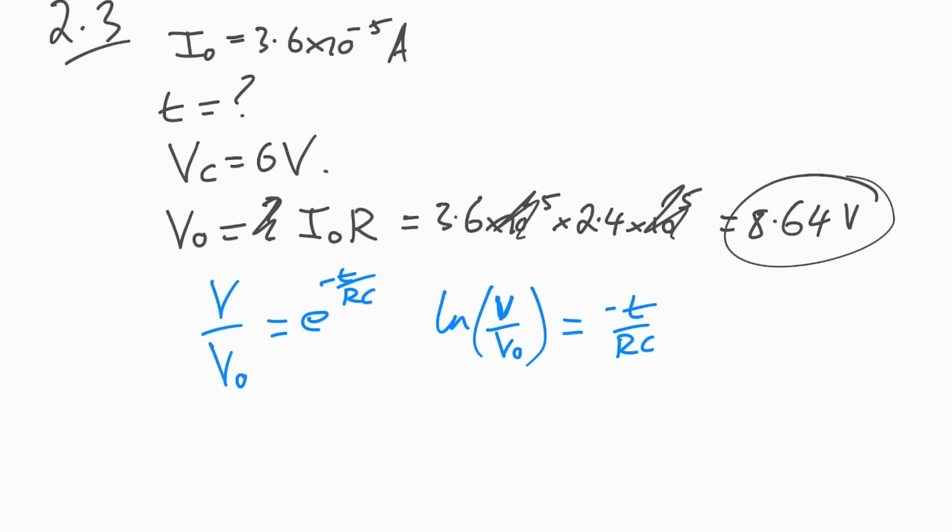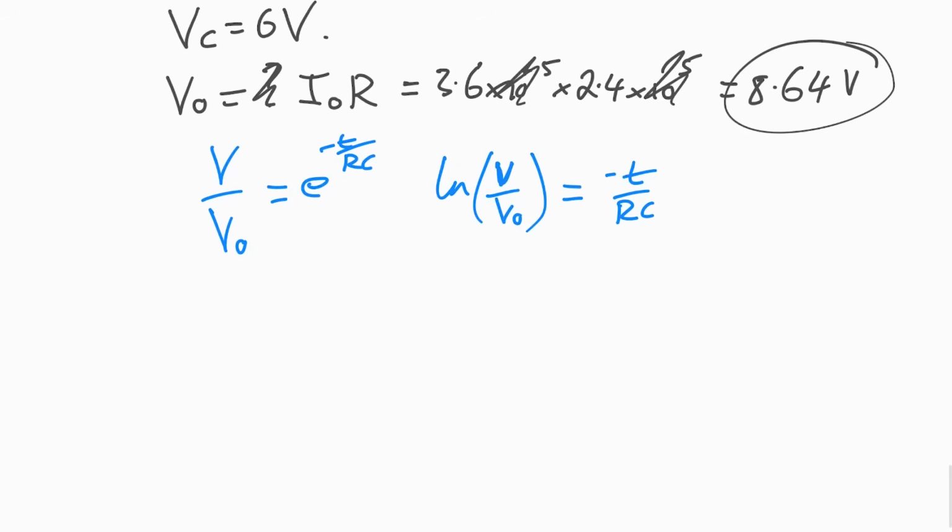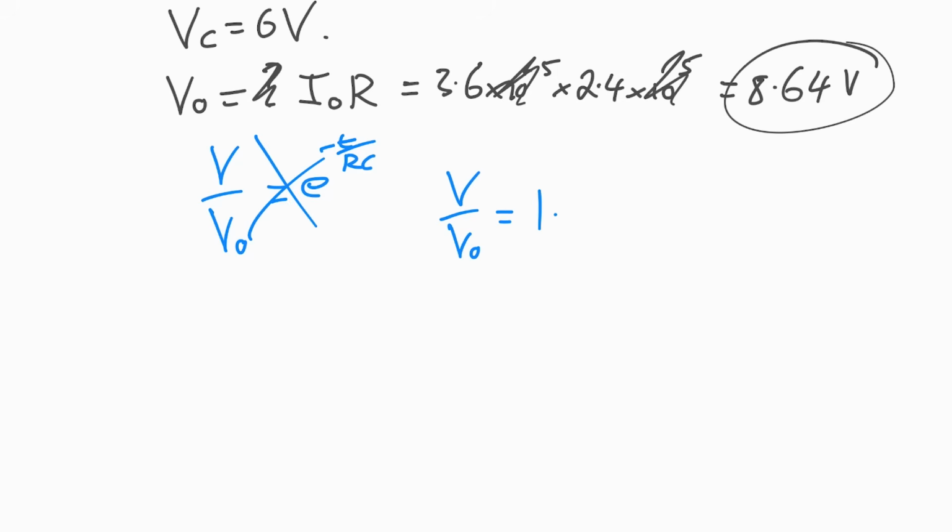We are actually charging the capacitor, aren't we? So we can't just use this as is, because we're dealing with the opposite PD. So therefore, not this, but rather it's the 1 minus version. V over V0 is equal to 1 minus e to the minus t over RC.